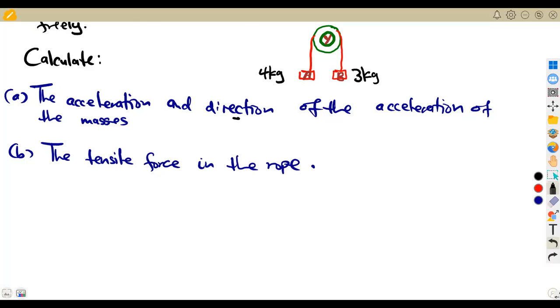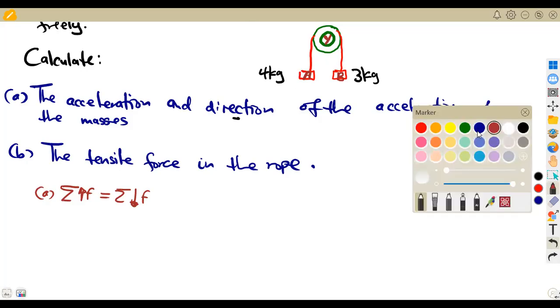But remember, whenever we have this type of question, with these objects, we can consider the masses and forces, to say the sum of the upward forces should be equal to the sum of the downward forces. So you need to know which one is going up and which one is going down, because they just give you a diagram like that. You do not even know which one is going up.